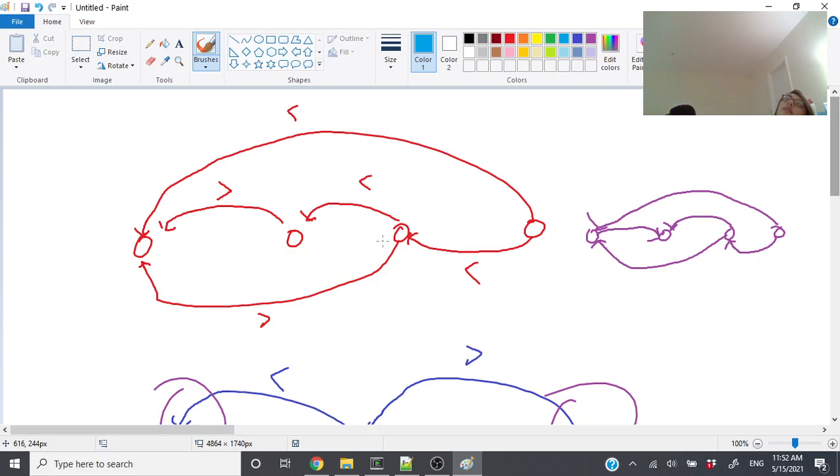So actually we do get a tree like this. Interesting.